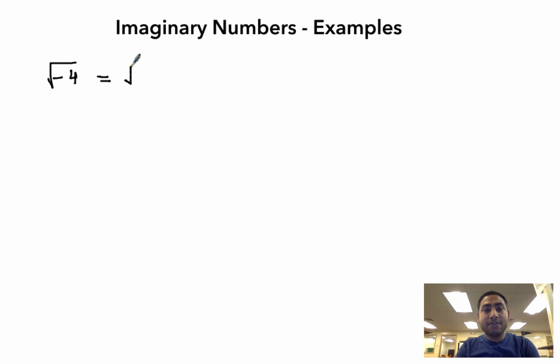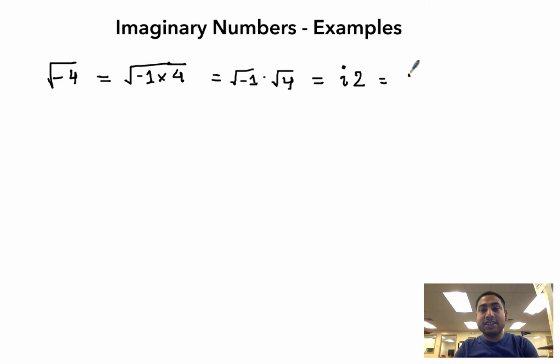Well, the square root of -4 is the same as the square root of -1 times 4, because -1 times 4 is -4, and this you can break down as the square root of -1 times the square root of 4. Now by definition, the square root of -1 is i, and the square root of 4 is 2, and we normally write this as 2i. So the square root of -4 is 2i.